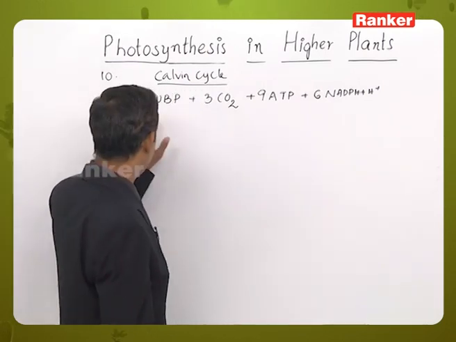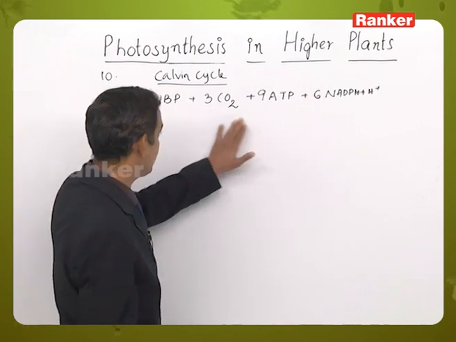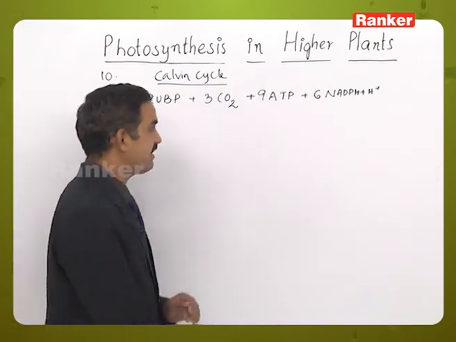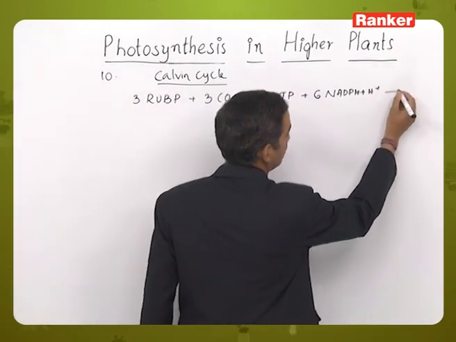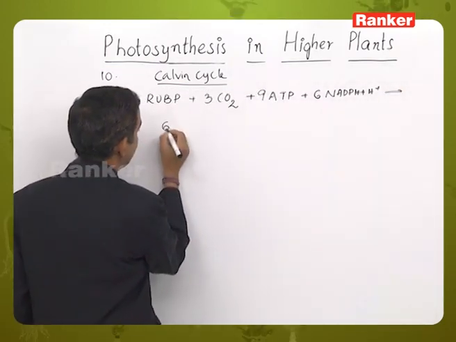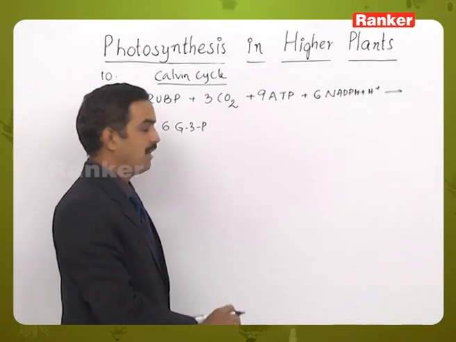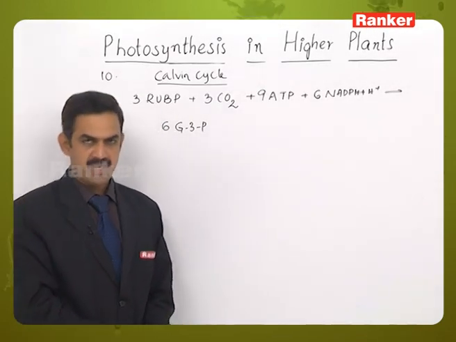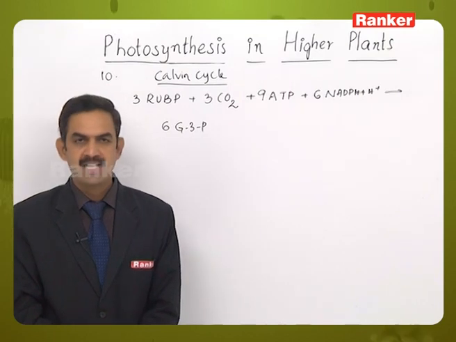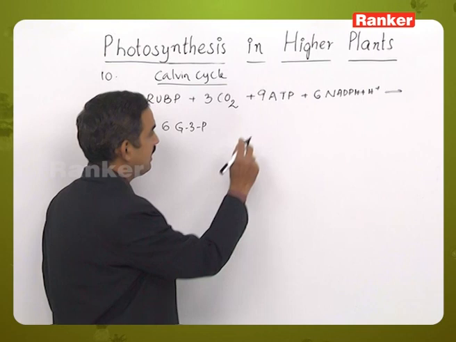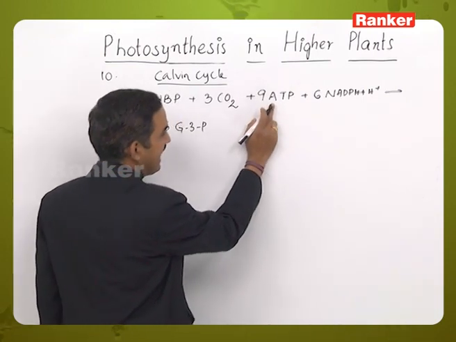So these are the compounds on the substrate side, and they will give rise to 6 molecules of G3P, that means glyceraldehyde 3-phosphate. So in the G3P pool, a total of 6 G3P molecules will be formed, by using 9 ATPs.